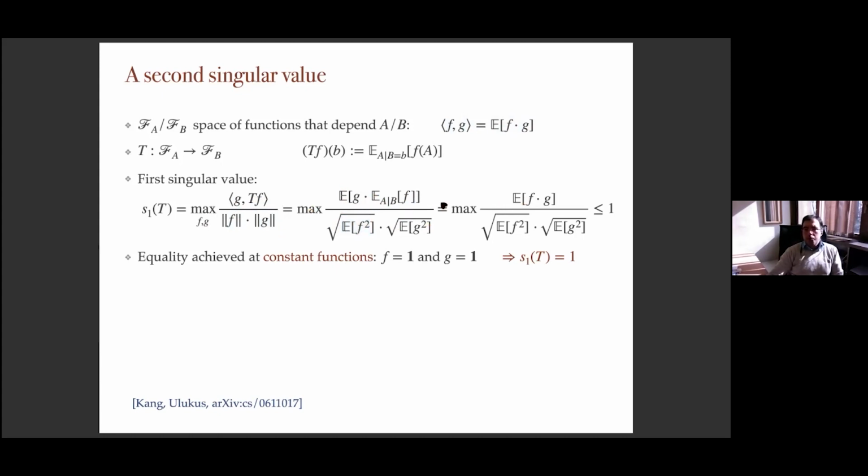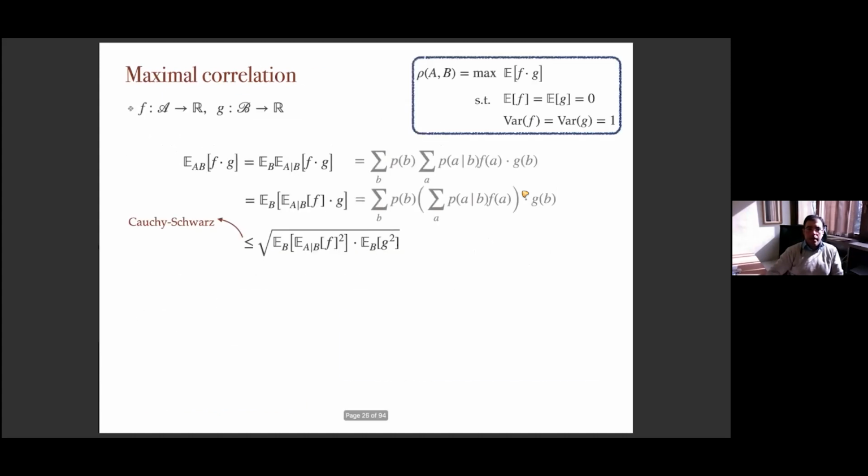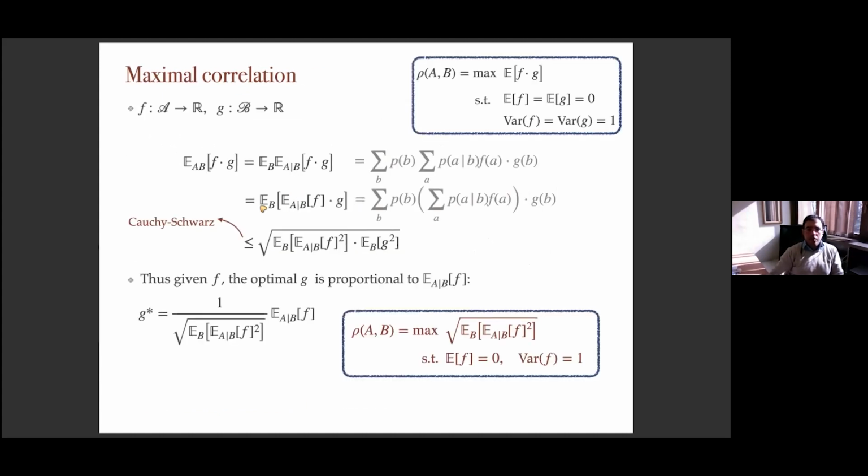You saw in the previous slide that the expectation of G times this conditional expectation is just the expectation of F times G. Remember, let me go back. Yeah, so this guy here is equal to this one, and this one is T of F.